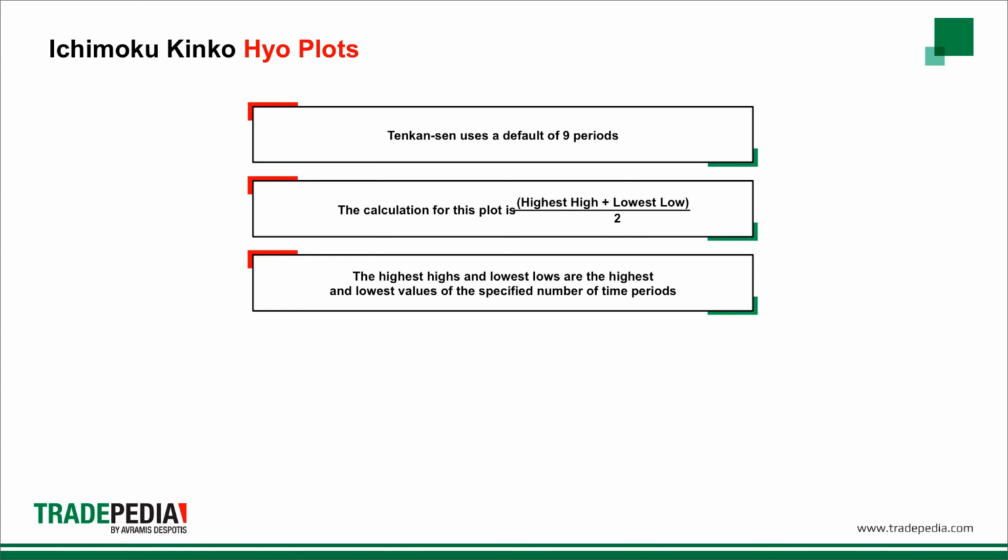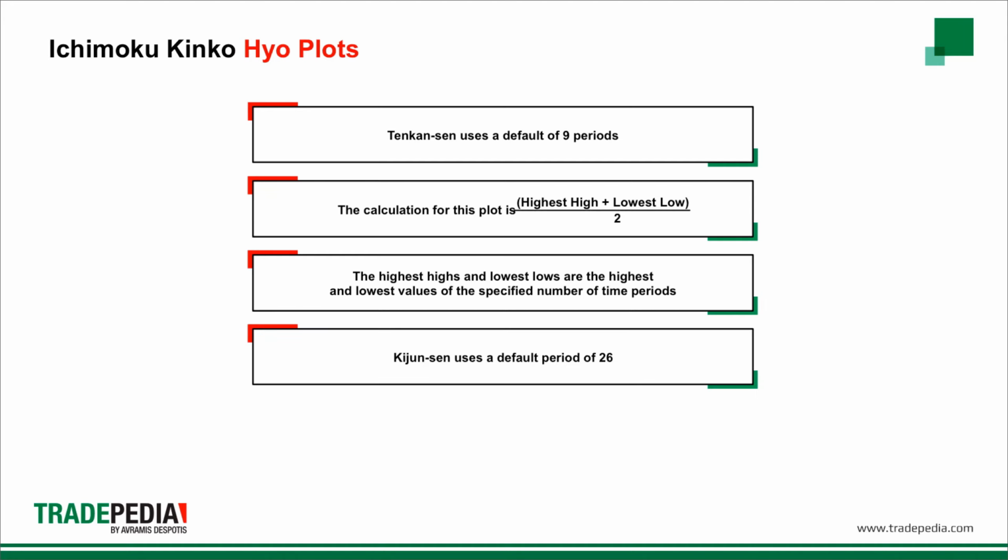And then the second plot that we have is called Kijun-sen. For Kijun-sen, it uses a default period of 26. Same thing: to calculate it, you just need to add the highest high and lowest low across the 26 periods. Depending on the chart that you're looking at, if it's a daily chart, it'll be across 26 days.